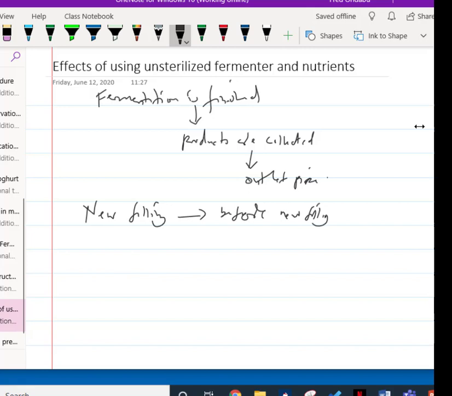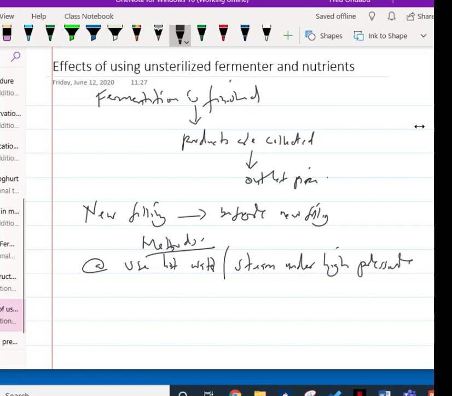Now, there are methods of cleaning the fermenter. One method is to use hot water, or we can say steam under high pressure. Two, you can use a 70% alcohol disinfectant.